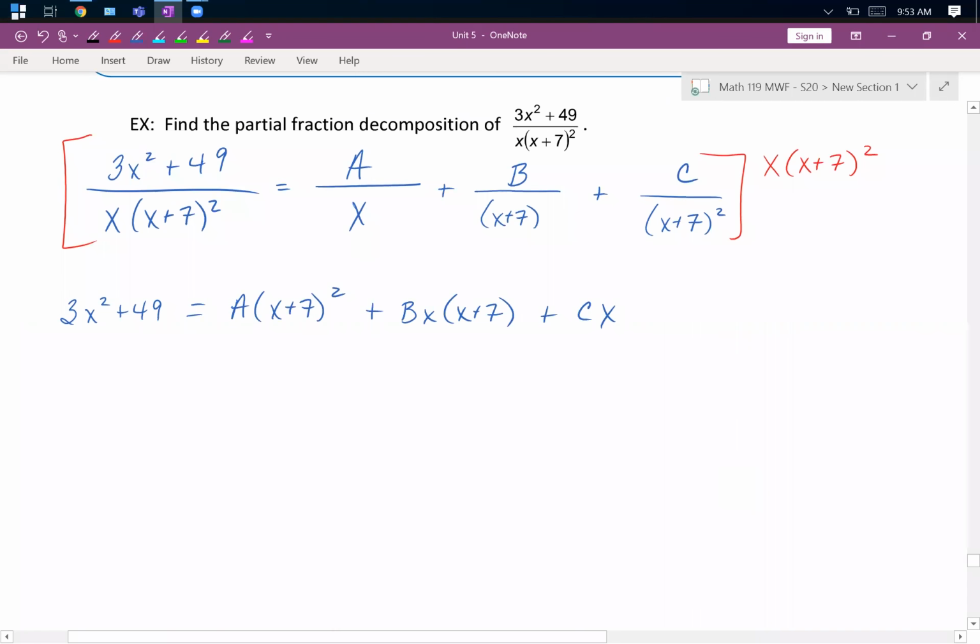Now we want to distribute on the right-hand side. Notice that we have a binomial squared there that you're going to need to write twice and multiply out, or use our shortcut. First one squared plus twice the product of the two terms plus the second one squared.